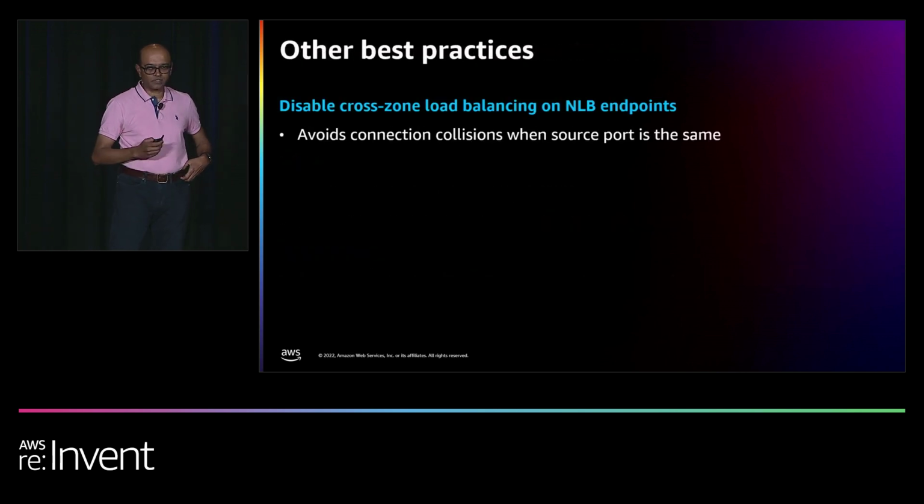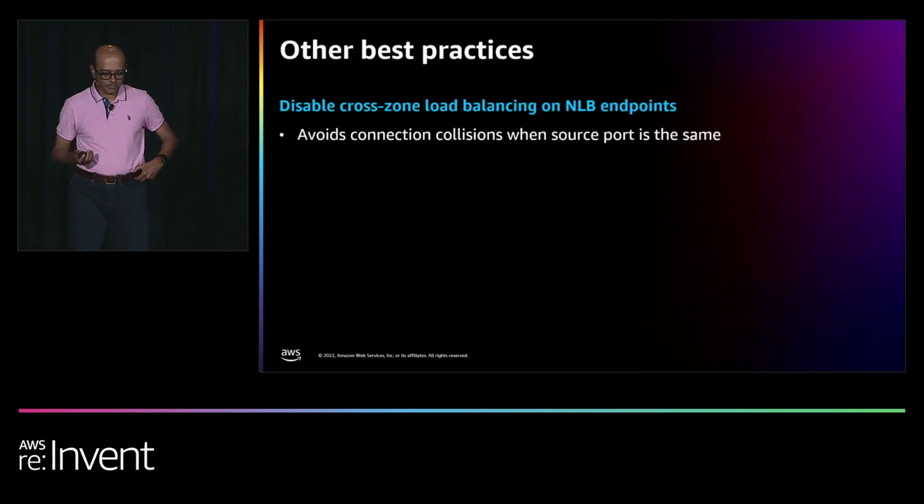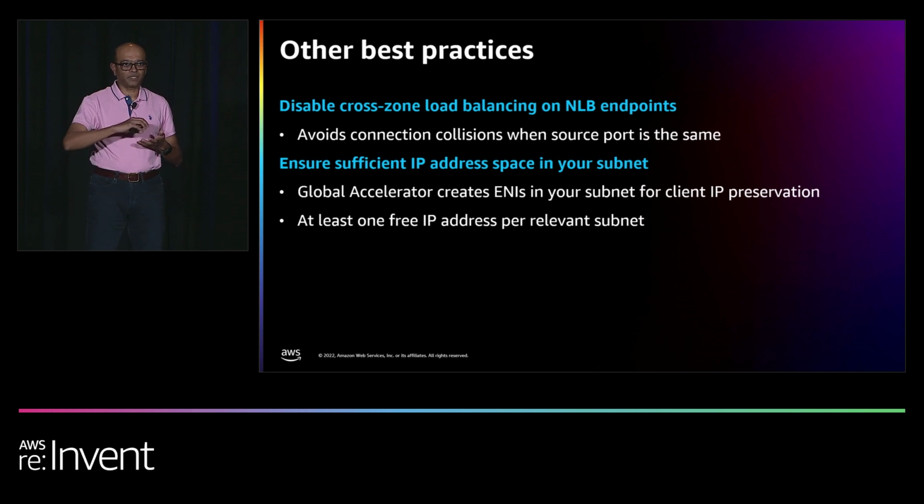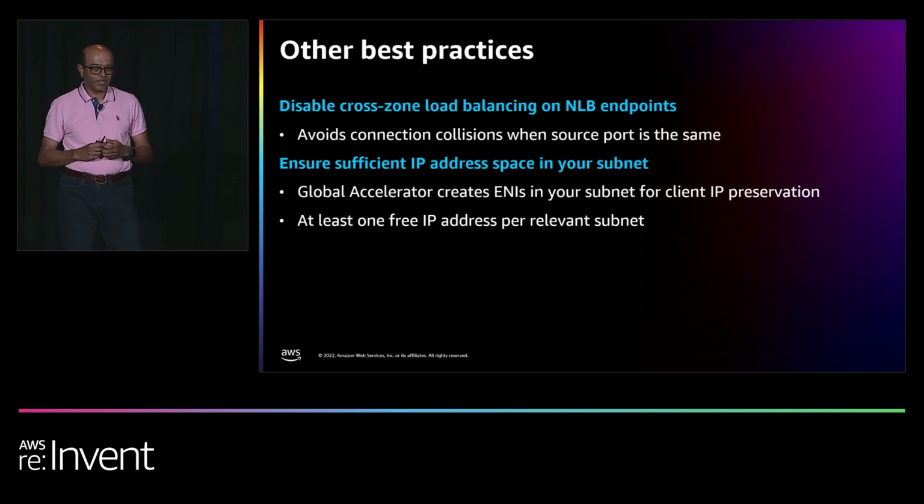Other best practices: disable cross-zone load balancing on NLB endpoints. This avoids connection collisions when the source port is the same. A really big one is ensuring sufficient IP address space in your subnet. Global Accelerator uses certain techniques to transport traffic from the edge pop to the regional endpoint. In order to do that, it creates an elastic network interface, an ENI, in your subnet for client IP preservation.